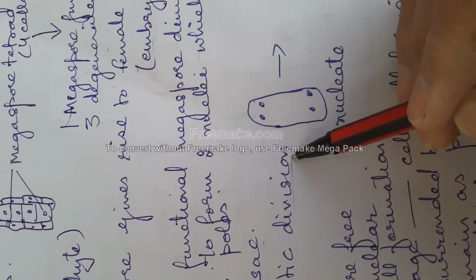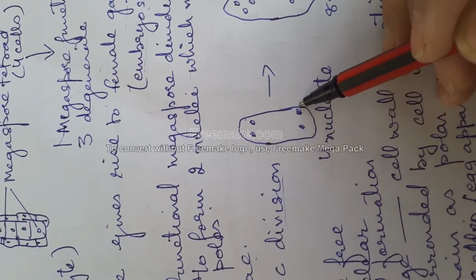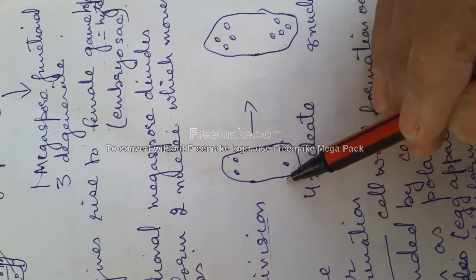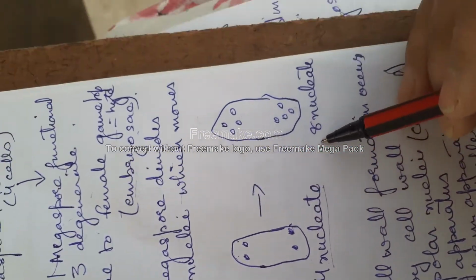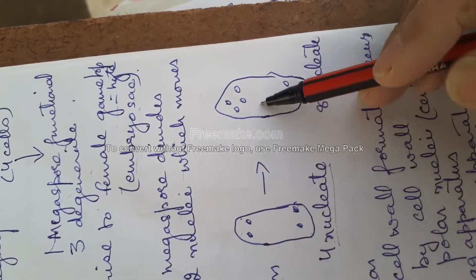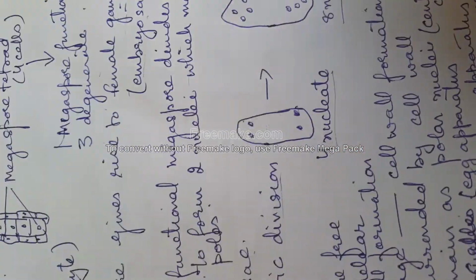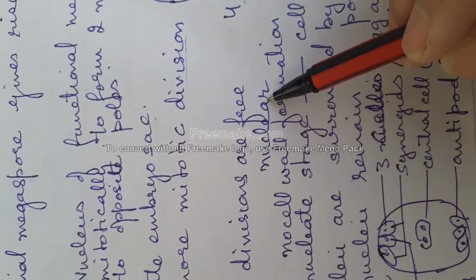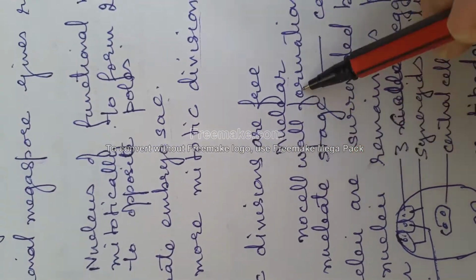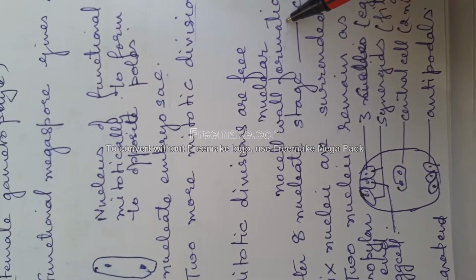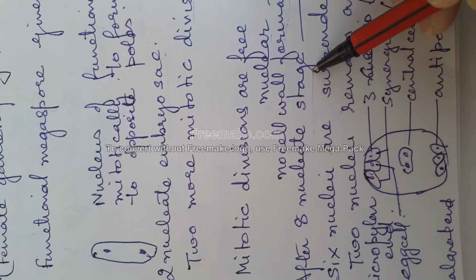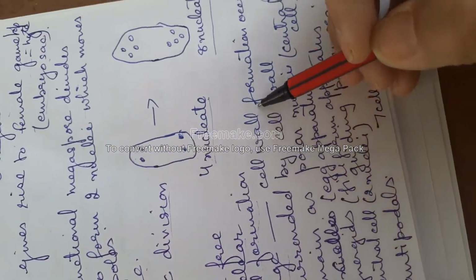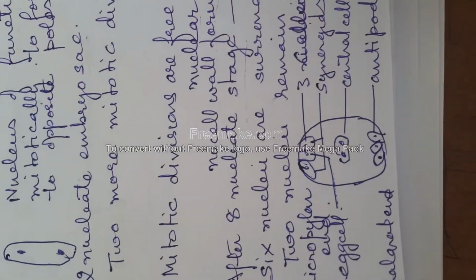Now 2 more mitotic divisions occur here which further divide these nuclei into 2, and so that becomes the 4-nucleate stage, and later on it divides further and they become the 8-nucleate stage. Now mitotic divisions are free nuclear and no cell wall formation occurs. It is only after the 8 nuclei are formed that cell wall formation starts occurring.